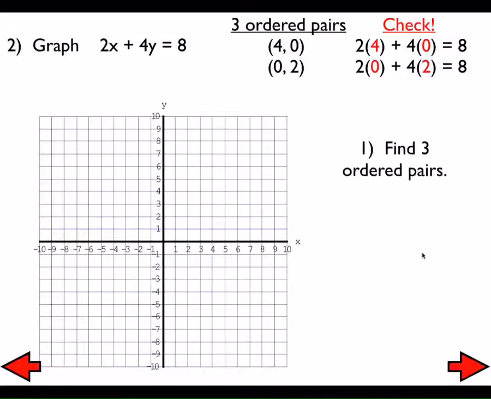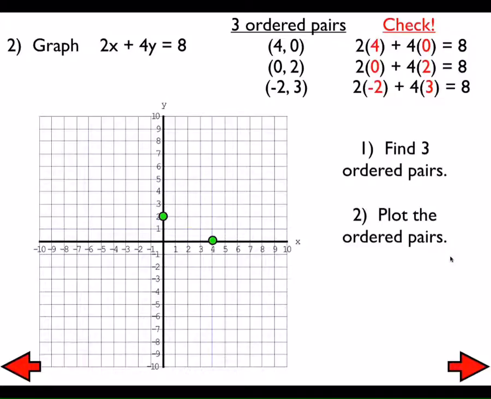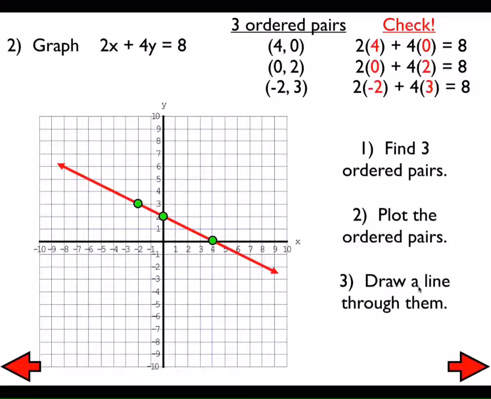How about negative 2, 3? Two times negative 2 is negative 4, plus 8. Not plus 8, plus 12 equals 8. Yep, that works. So you can go ahead and plot those 3 and make your line.